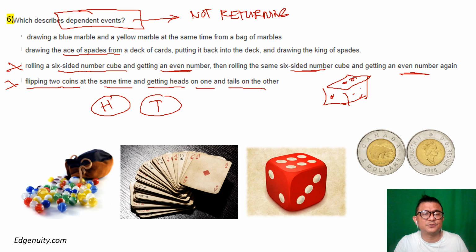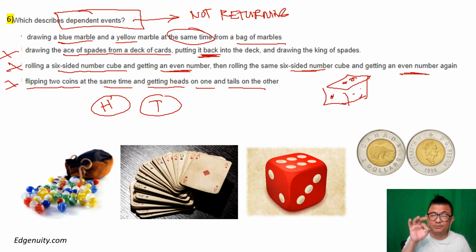Getting an ace of spades in the deck of cards, putting it back, that means it is independent, not that one. Drawing a red marble and a yellow marble at the same time from a bag of marbles. If you take a red, you don't put it back because it's already there. And the yellow, right? So this is the answer.